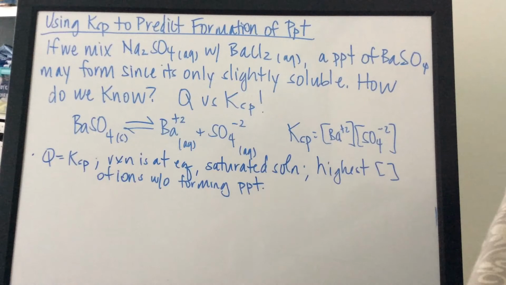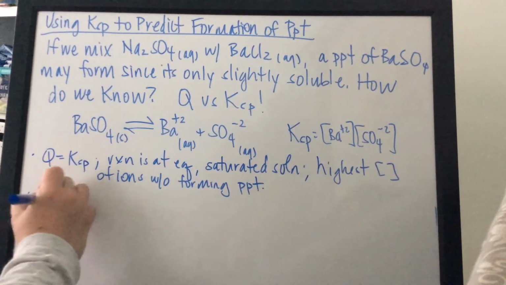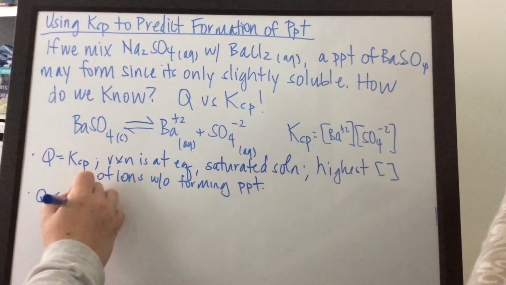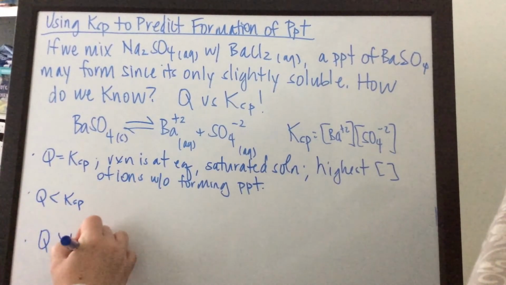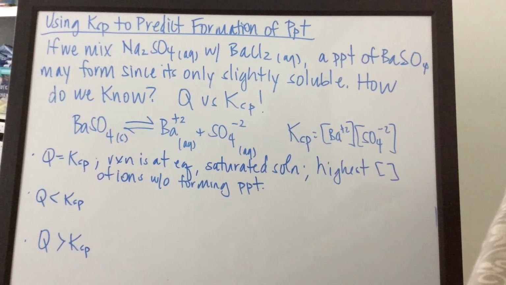And then I have the two scenarios that you're much more likely to come in contact with: what if Q is less than KSP, and what if Q is greater than KSP? Just like before, if Q is less than KSP, your value of Q is too small. It needs to increase.